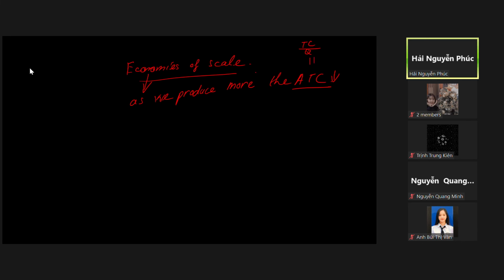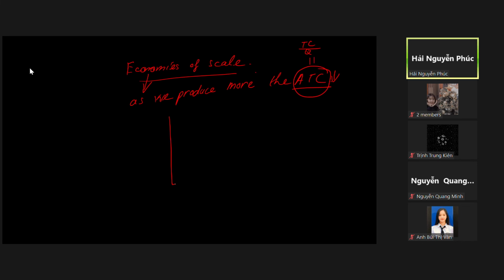Sản xuất ở quy mô hộ gia đình sẽ luôn là quy mô nhỏ, và khi đó ATC của các hộ nông dân Việt Nam sẽ lớn và họ không thể tối thiểu hóa chi phí, đúng không? Đó là lý do khi nghe đến các vấn đề nông nghiệp của Việt Nam, người ta luôn đề cập đến việc phải sản xuất ở quy mô lớn. Có hiểu ý tưởng này không nhỉ?